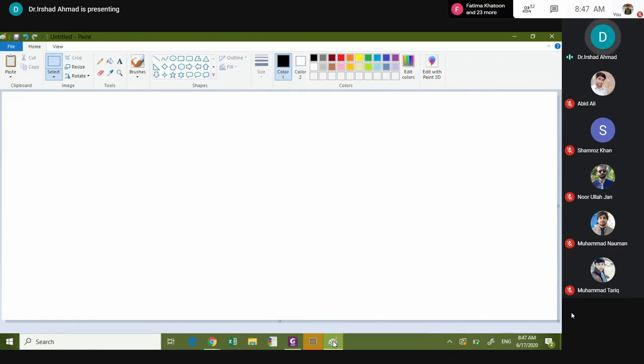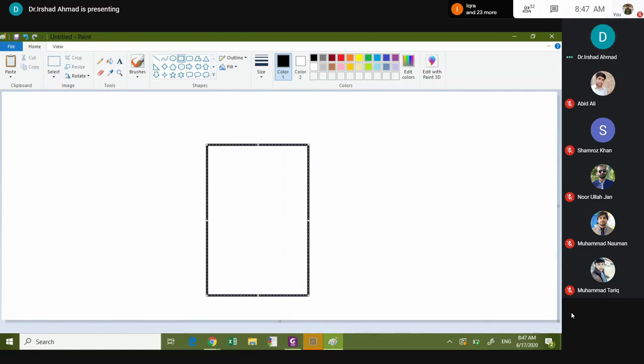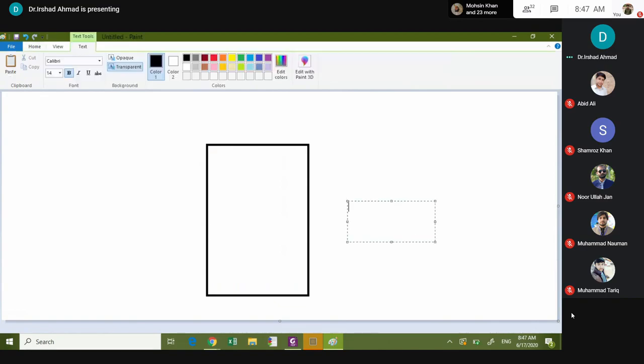So another criterion you should use is this: if this is the plot area, this is the width of the building, and this is the length of the building.